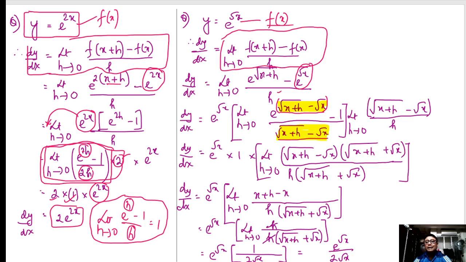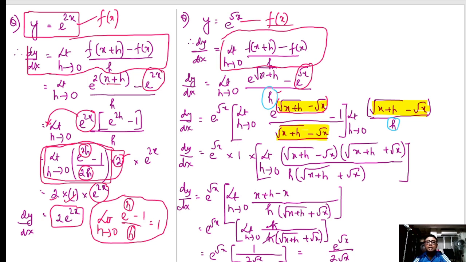And now we have to adjust this, so you have to multiply. Okay, and this h which was there is now written here.